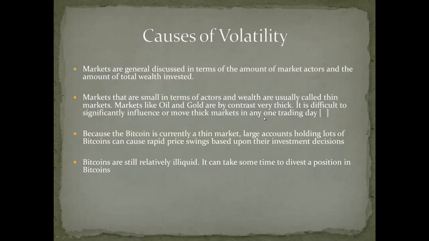So Bitcoins are relatively illiquid as well, and it takes time as a result of that illiquidity to go ahead and divest your position. Divest is just a fancy word for saying sell off your position. So let's say I have 100 Bitcoins. To move those 100 Bitcoins at a market rate I would desire sometimes is difficult.